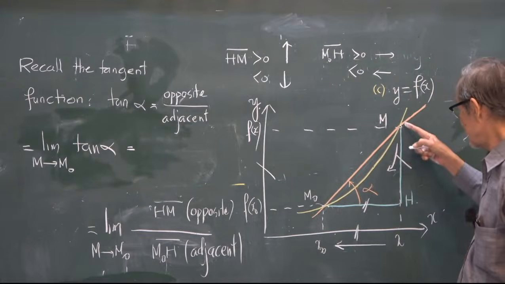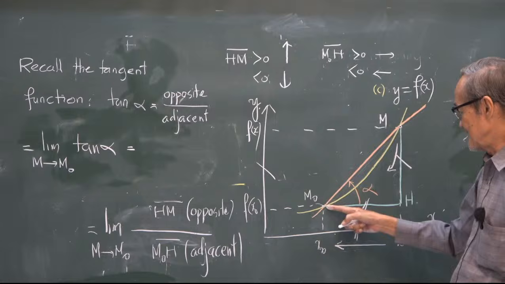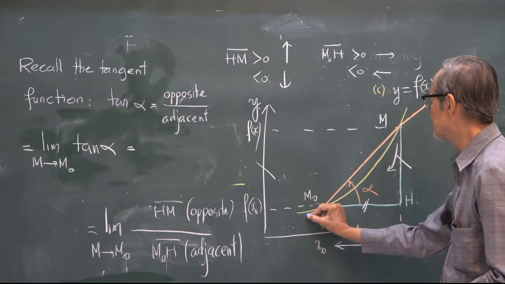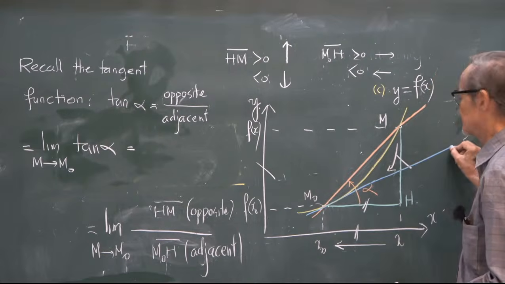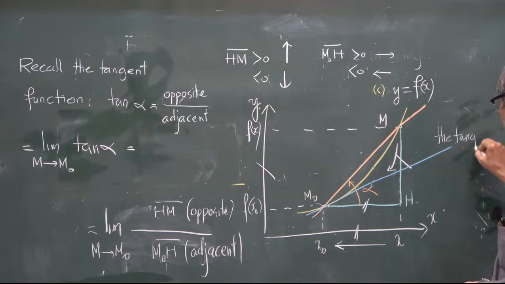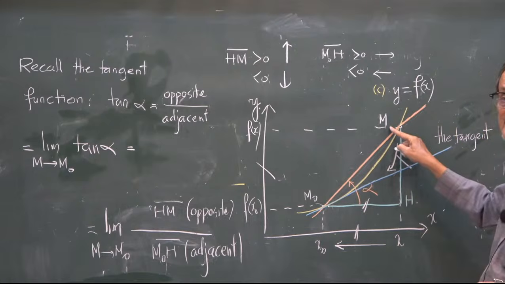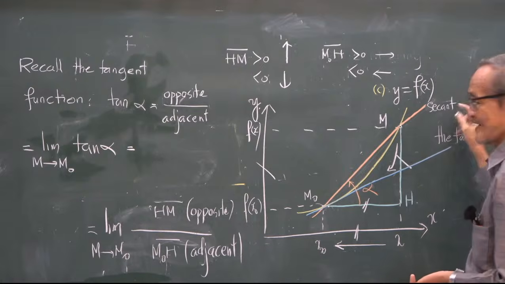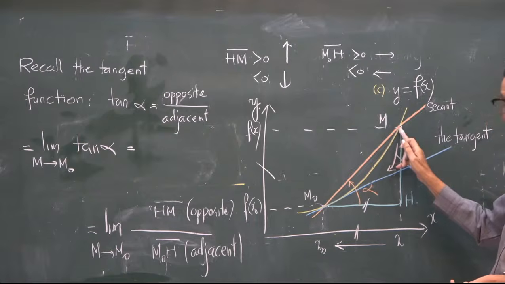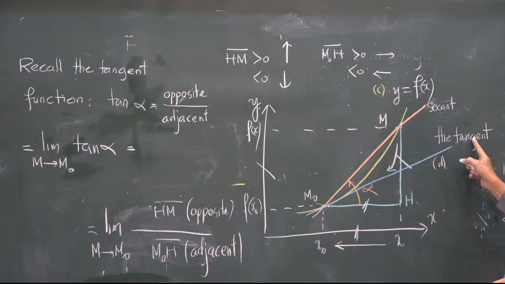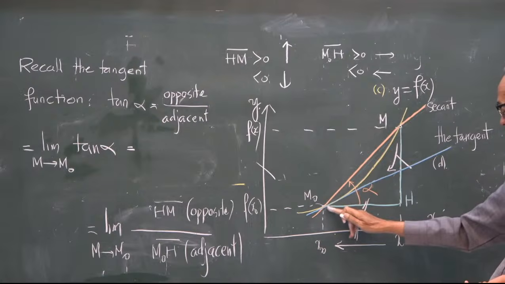Now when M tends on the curve to M0, M0M is called the secant, and D is called the tangent to the curve at M0.